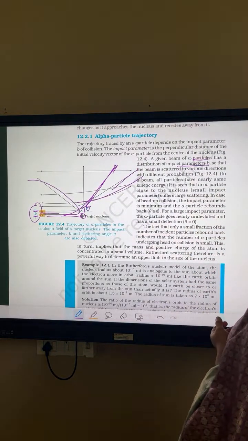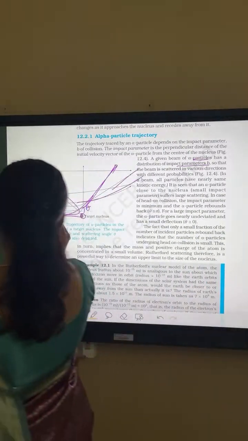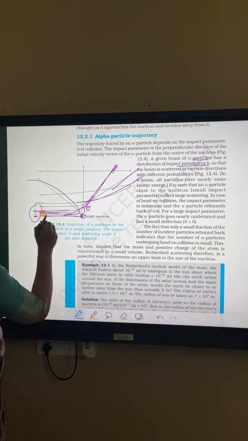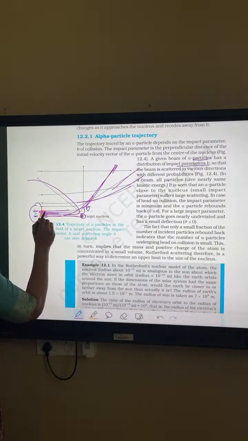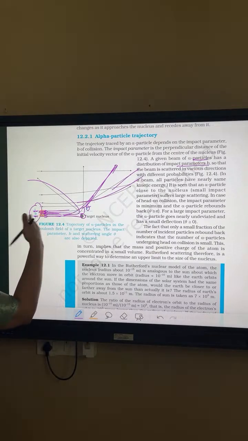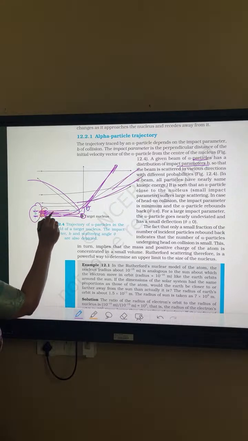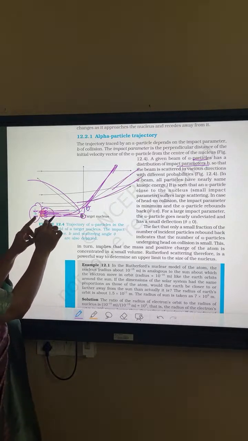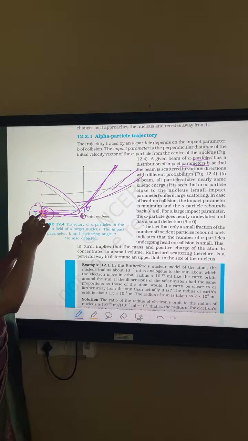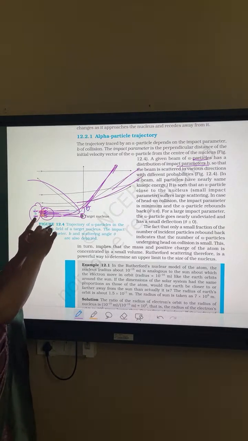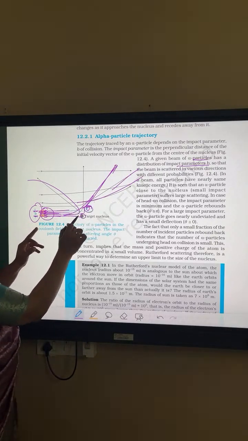No, not like that. The beam is coming in the same way. See here, you may find a group of alpha particles, millions or trillions of alpha particles, for example. Say you are considering 4 alpha particles within this b parameter. After hitting this target nucleus, what will happen?